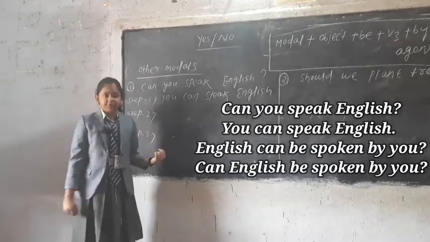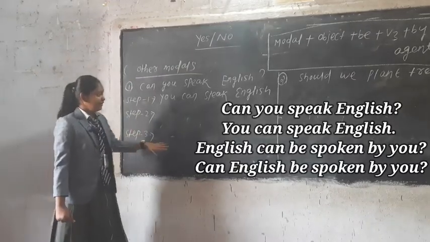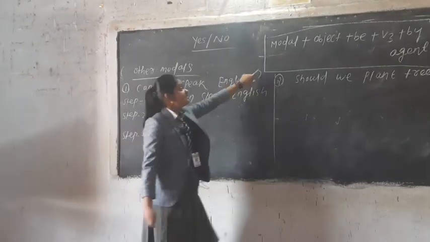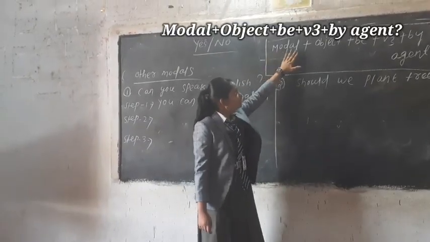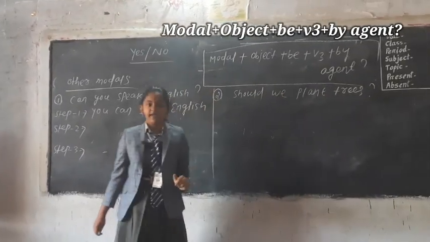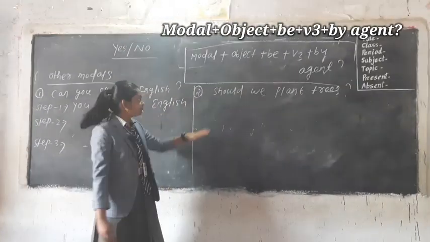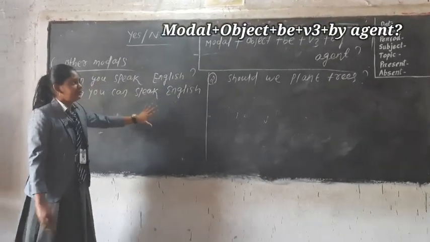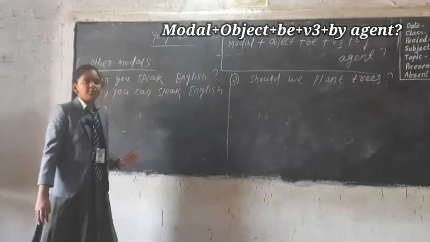Modal verb comes first. Can English be spoken by you? This is the structure: modal verb plus object plus be plus verb 3 plus by agent and a question mark.